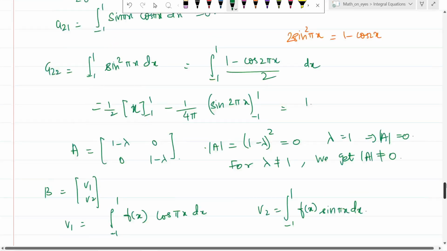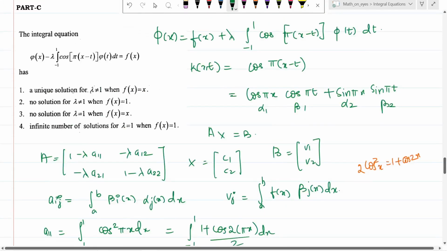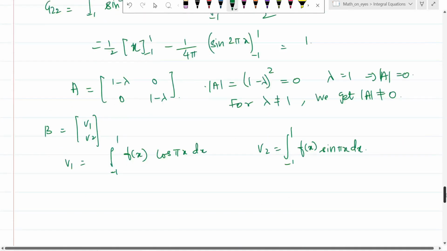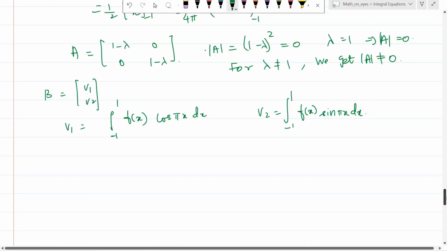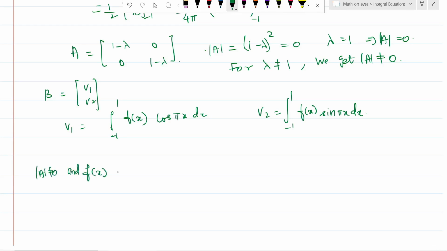Okay, so the first thing they have given is a unique solution for lambda not equal to 1. Here determinant of A is not equal to 0 in this case. And if determinant of A is not equal to 0 and f of x is not equal to 0, that implies the integral equation has a unique solution.